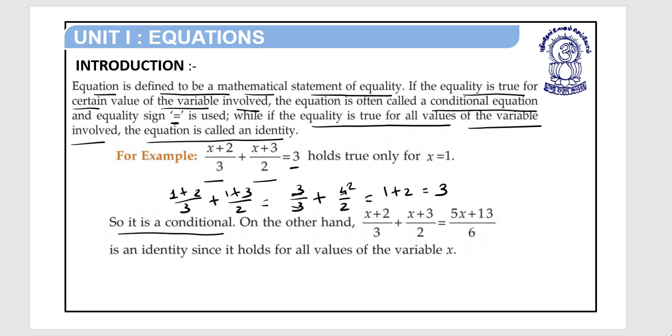So it is a conditional equation, because whenever x = 1, at that time (x+2)/3 + (x+3)/2 = 3.